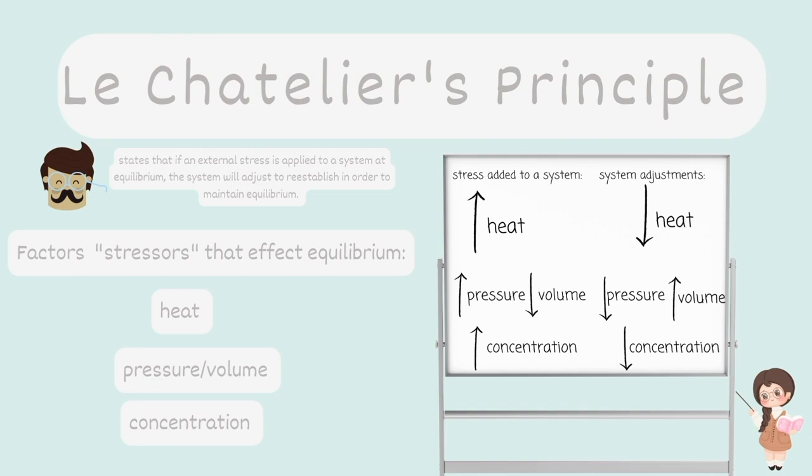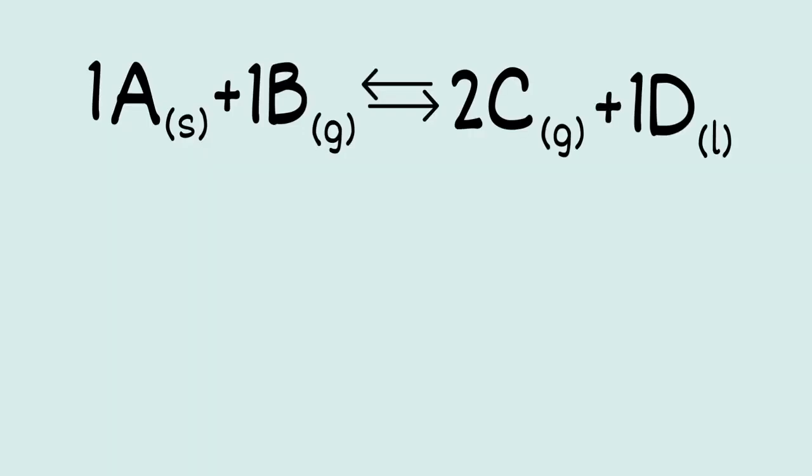Now that we have a general idea of Le Chatelier's principle, let's look at a generic chemical equation and apply Le Chatelier's principle to it. It is always important to make note of what state the substances are in. Here we have A as a solid, B as a gas, a double arrow indicating the system is in equilibrium, C as a gas, and D as a liquid.